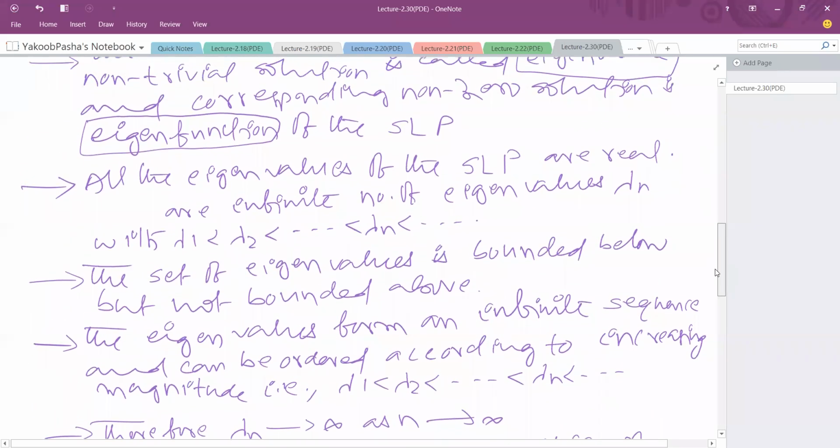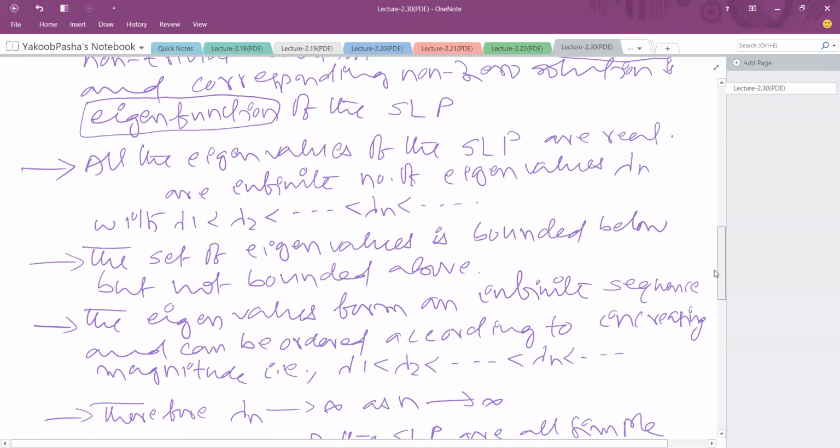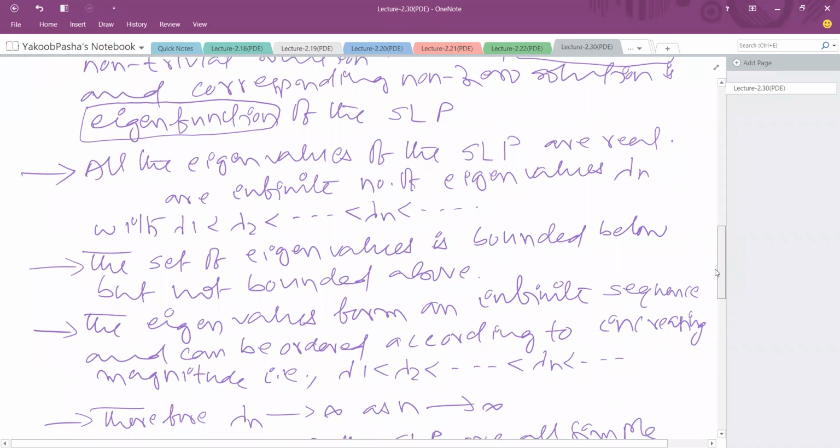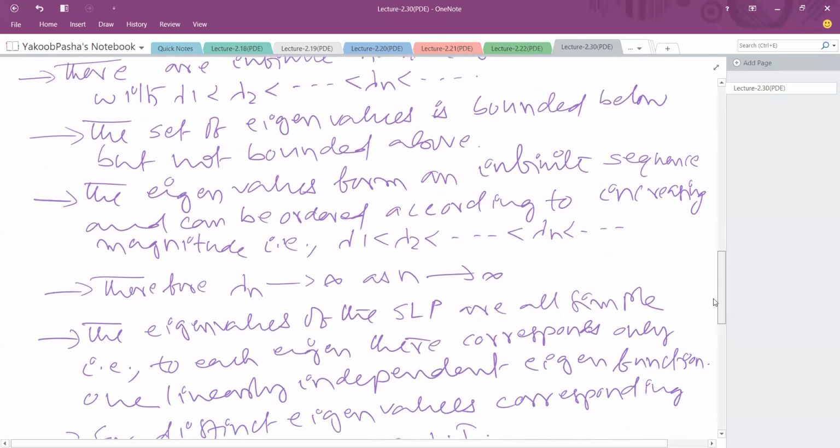All eigenvalues of the SLP are real numbers, and there are infinitely many eigenvalues lambda n with lambda 1 less than lambda 2 less than, and so on. It is an increasing sequence, bounded below but not above. As n tends to infinity, lambda n tends to infinity.